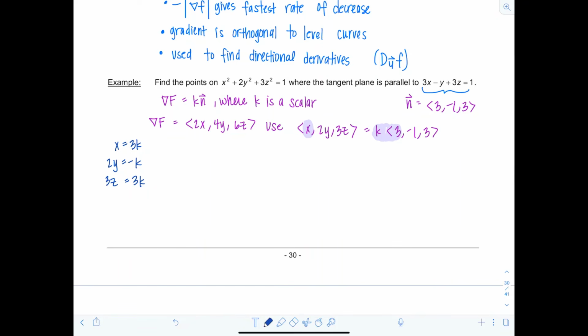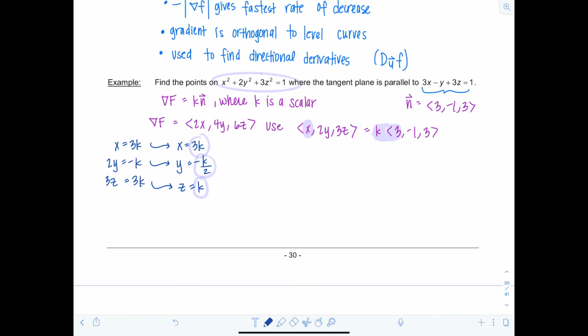So I'll keep x is equal to 3k. y is equal to -k/2. And z is equal to k. So I'm going to substitute these in for x, y, and z into the surface. I'll find k first, and then I'll find the points where the tangent plane is parallel to the other plane.